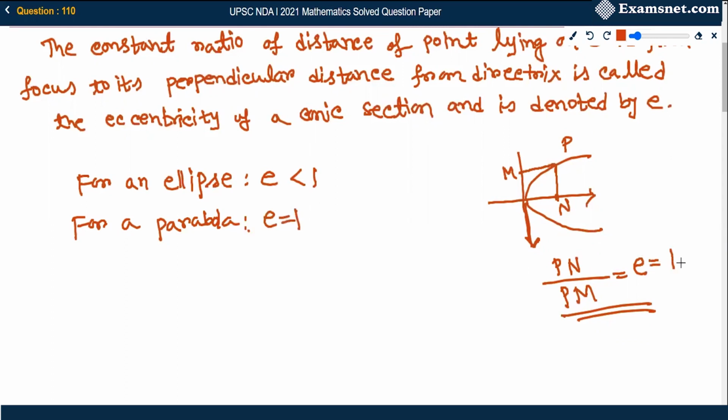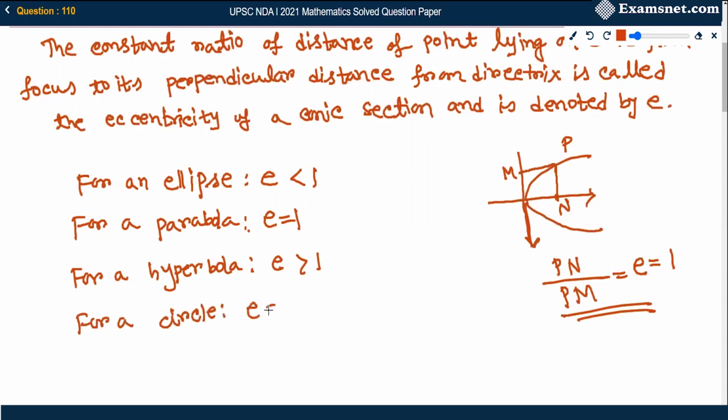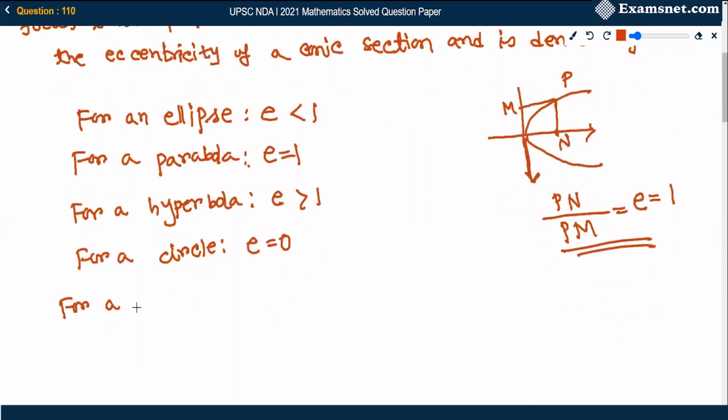That means this ratio is always equal to 1, and then the conic section will appear as a parabola. For a hyperbola, eccentricity is greater than 1. For a circle, eccentricity is equal to 0. Also remember, for a straight line, eccentricity equals infinity.